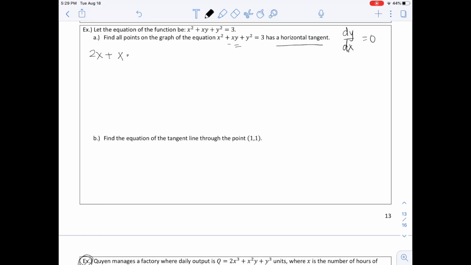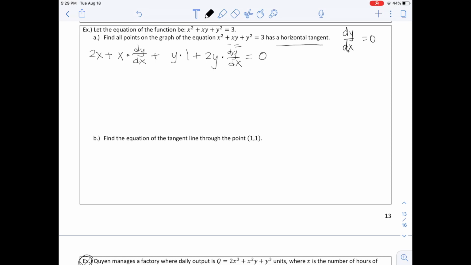So we have the first one times the derivative of y, which is just 1, but we have to consider dy/dx, plus the second times the derivative of the first, and the derivative of x with respect to x is just 1, plus the derivative of y squared with respect to x is going to become 2y times, again, dy/dx equals, and the derivative of 3 with respect to x is just 0.